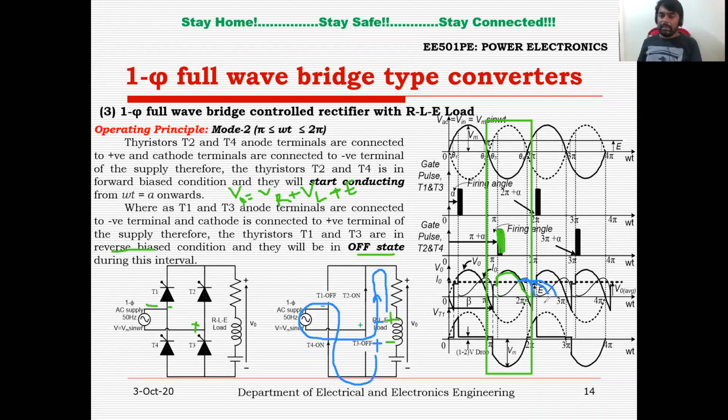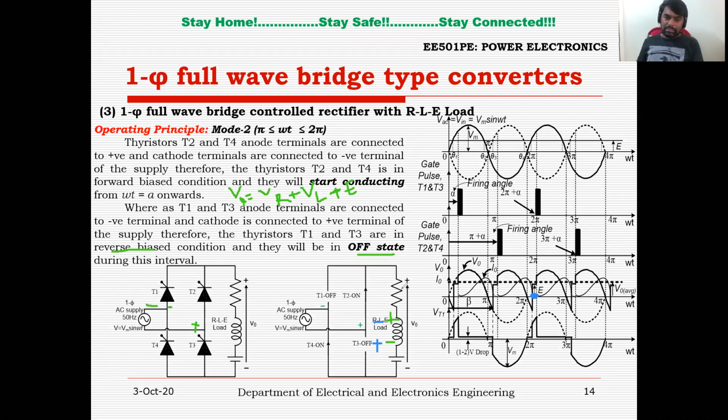If you keep more inductance in the load, the discharging time will be more, and it may discharge beyond this particular point, right? Now you can see one more point here. This is 2 beta. During the small interval you can see only the battery voltage, because during this interval the output current equals 0, right? And all the thyristors are in off condition.